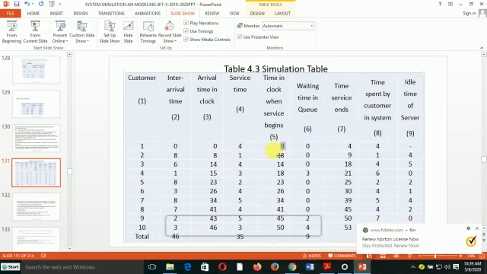So we take the time when the service began for him minus the time he arrived, and we find the waiting time in a queue. Because this and this are equal, it will be 0 here. Here the service began at 18 minutes, and he arrived at 15 minutes, so he was waiting for 3 minutes.